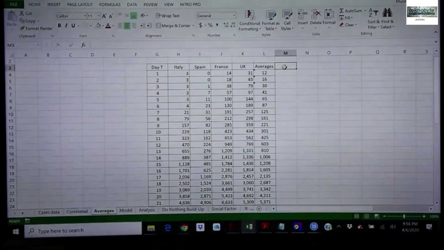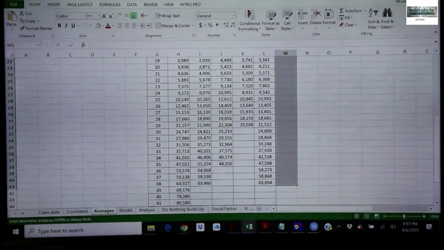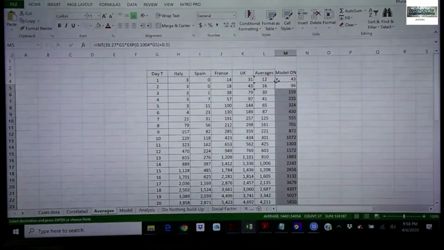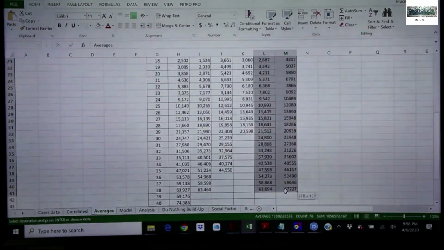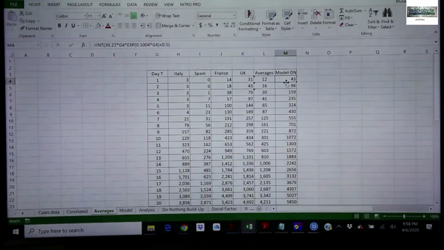So we can actually plot that function. We call it the model do nothing, DN. We can do that for the other numbers, and clearly you can see that from our model for the do nothing model, the first day of the epidemic should have had 43 cases.